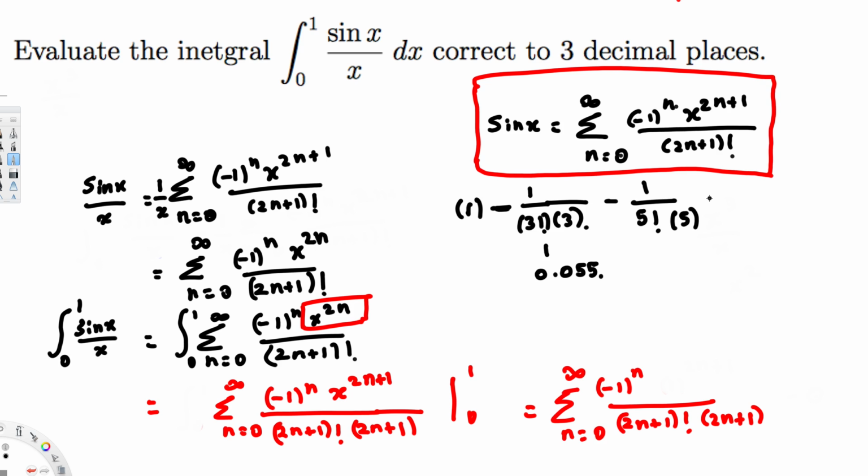That next term is going to be plus, because negative 1 squared is plus. The next one is going to be minus, because we have negative 1 power n, so this is going to alternate. Now the next term is going to be 1 over 7 factorial 7.